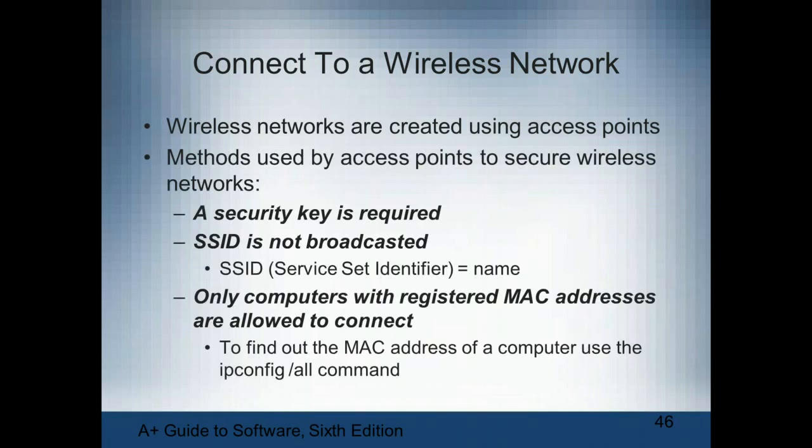Using wireless, networks are created using access points. A security key is required, as long as you have security enabled. The SSID may or may not be broadcast. The SSID normally is broadcast unless you turn it off. But as James found out in the wireless class, it's still there.